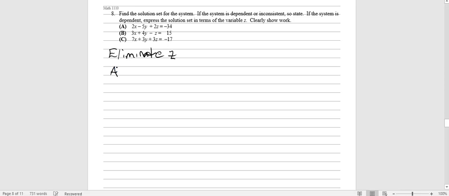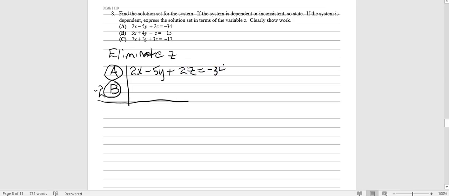So A, I notice I have a 2z. In equation B, I have a negative z. So if I multiply equation B by negative 2, I'll have a 2z in A and a negative 2z in B. So I'm just going to recopy A. Every term in B, I'm going to multiply by negative 2.